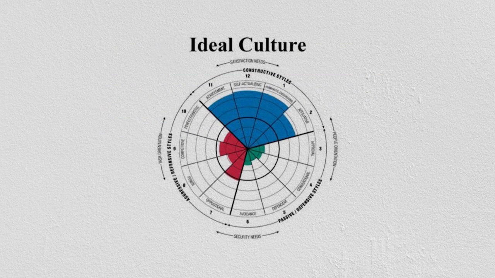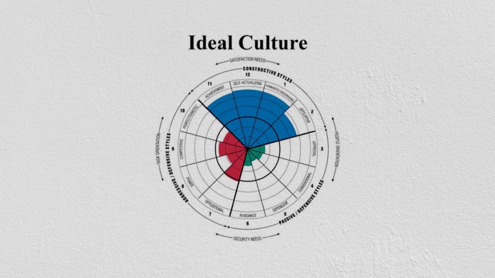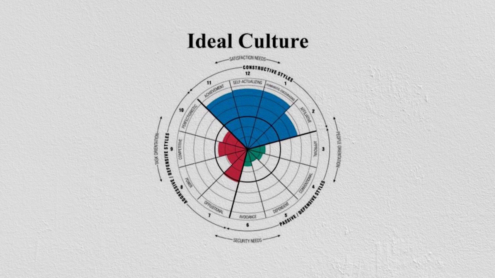This tool uses Maslow's hierarchy of needs theory as its basis, and it tries to measure 12 different cultural styles.